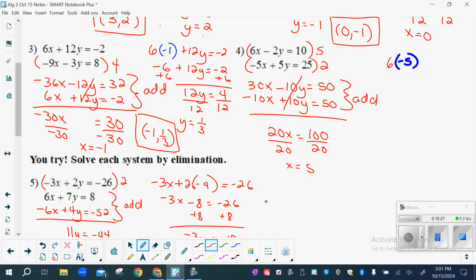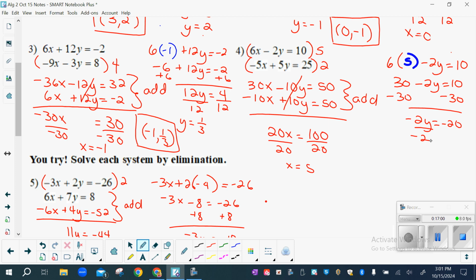So 6 times 5 minus 2y equals 10. Thank you, those of you who are sitting quietly. So 30 minus 2y is 10. Minus 30. Negative 2y is negative 20, and y is 10. So I get 5, 10 for my solution there.